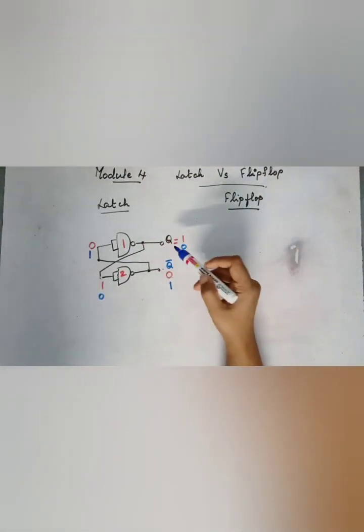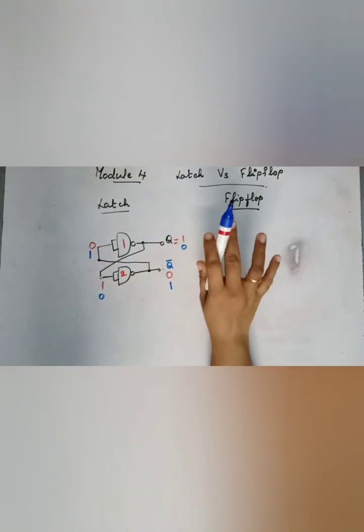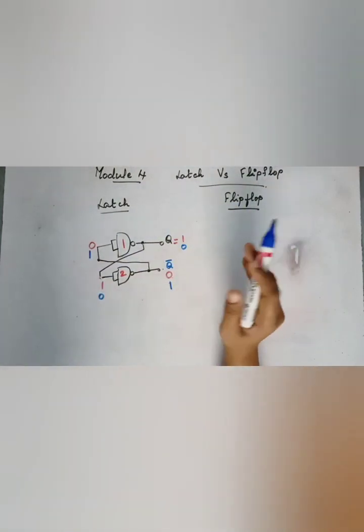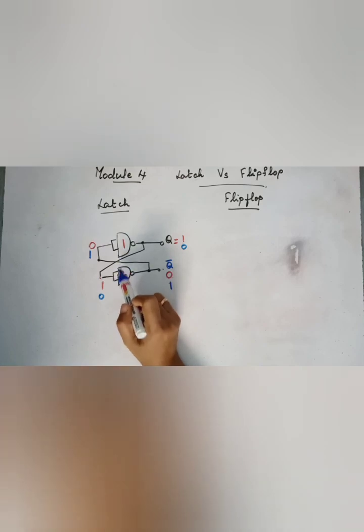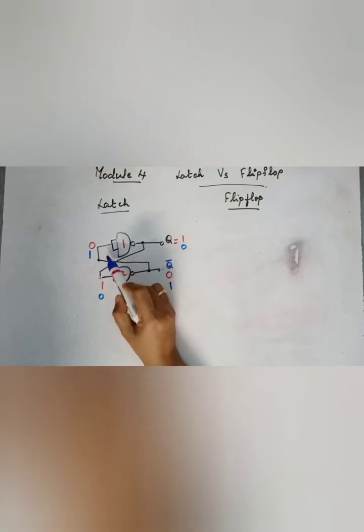Here we are not applying any input, but when you are switching it on, since these are both inverter circuits, why do you call it an inverter circuit? Because the NAND gate here is acting as a NOT gate, since both the inputs are shorted.